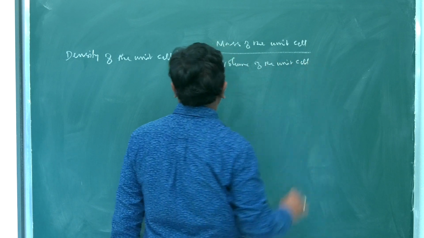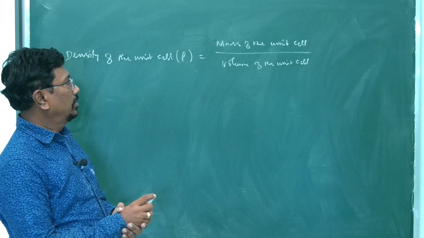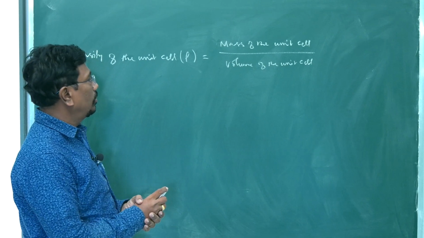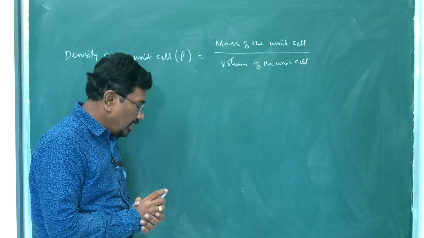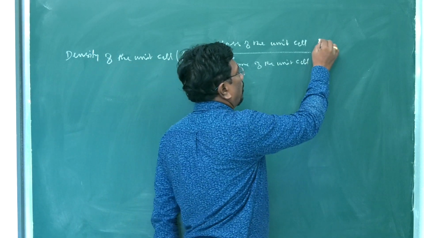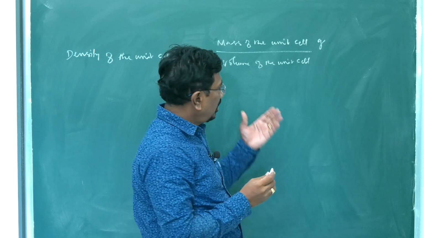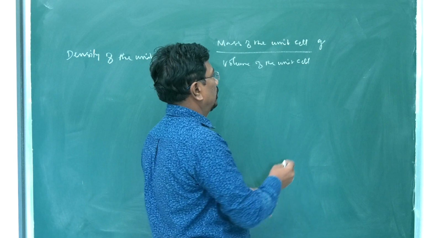We know density is nothing but mass by volume, and therefore density of the unit cell is equal to mass of the unit cell divided by volume of the unit cell. Usually mass is expressed in gram, and volume, here in the case of solid state, we use centimeter cube.